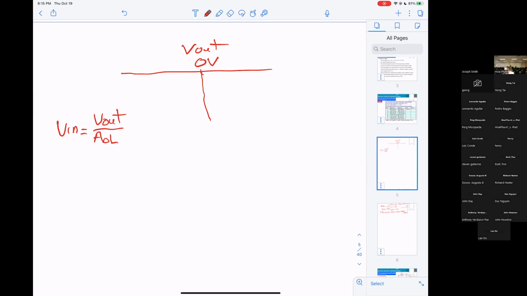Take the V out and divide by the gain. That's how you get the differential V in. So the output can be saturated.